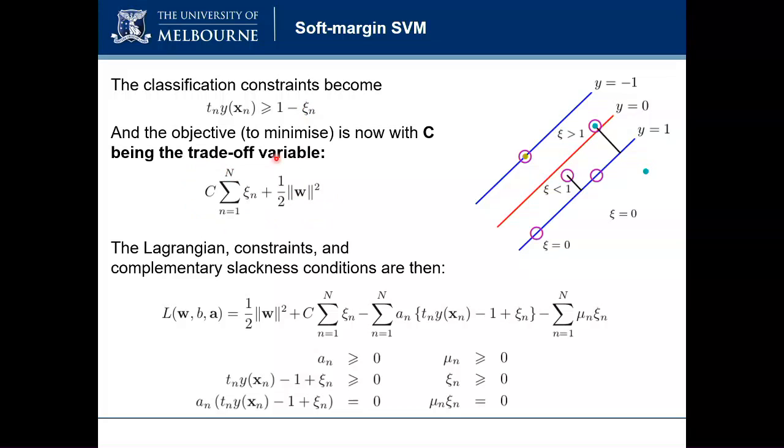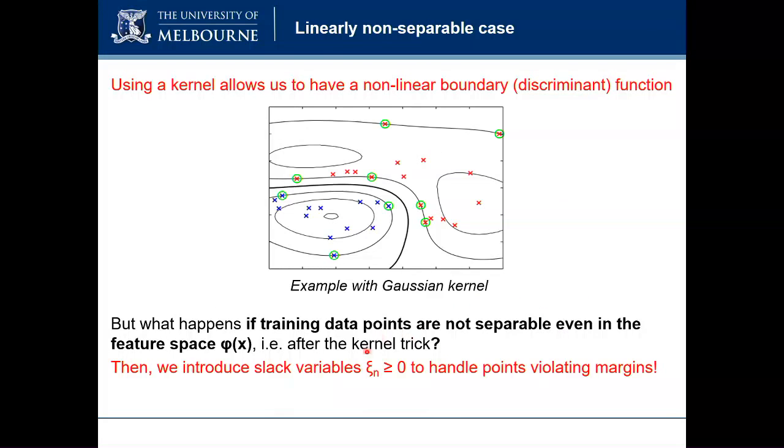Clear? So when I do this, then I can write the Lagrangian directly by writing the objective, and then these are all inequality constraints, so the Lagrange multipliers for the inequality constraints. And also there is another set of constraints, the positivity constraints for the psi's.